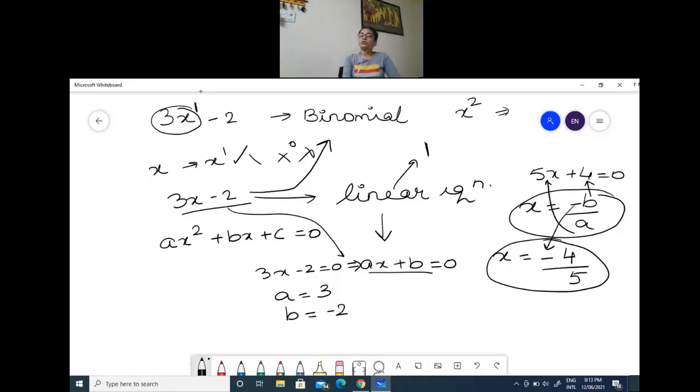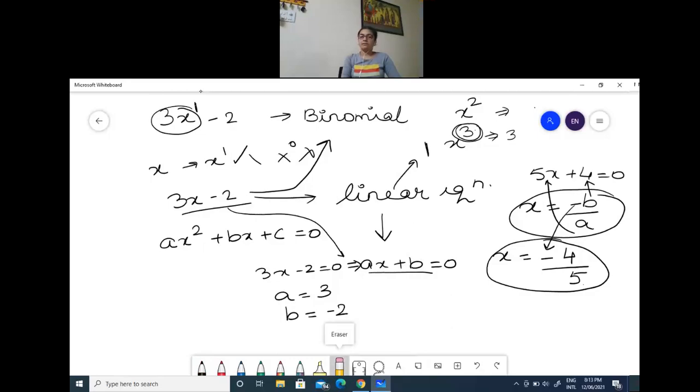So you will get two values of x. In case of cubic equation, you should get three values of x because it has degree 3. These are the very basic minute concepts which you can use to check whether your answer is correct or incorrect, and they are very handy as far as MCQs are concerned.